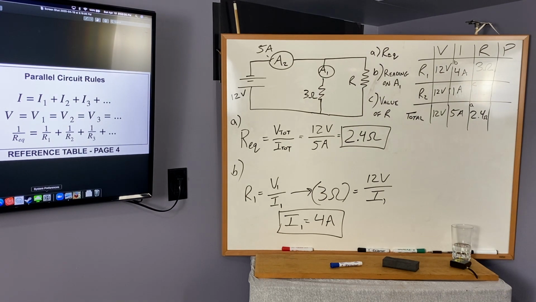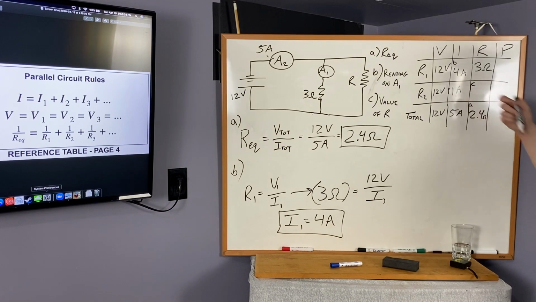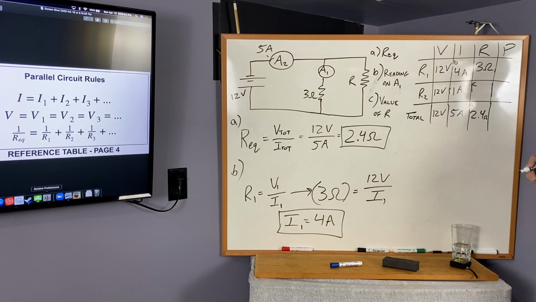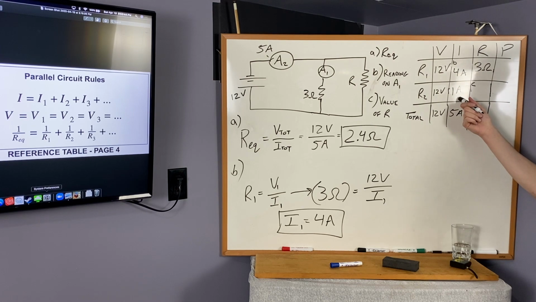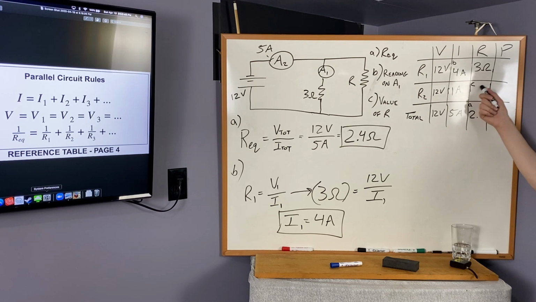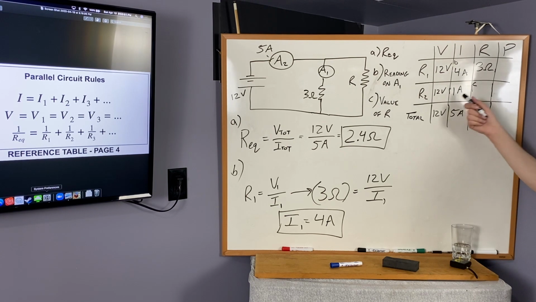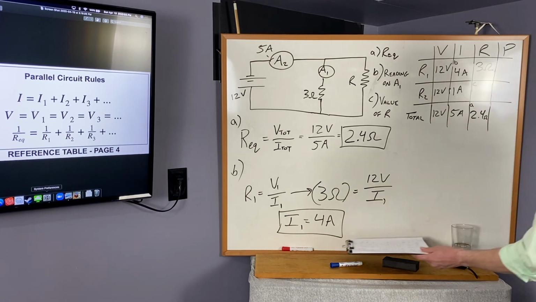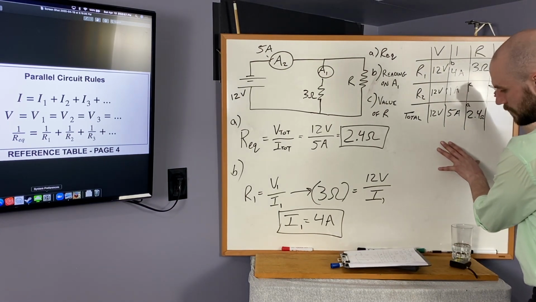And finally, we want to figure out the resistance of this resistor. Because we know this, there's an easy way to get there. We know that this resistance is equal to this voltage over this current. We expect this to be 12 ohms.